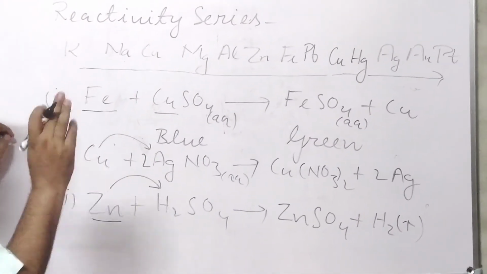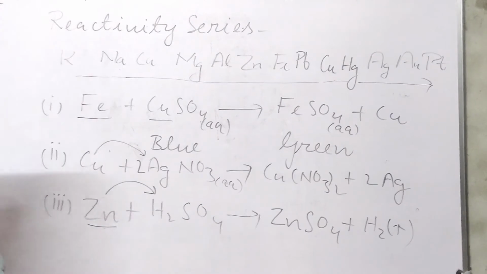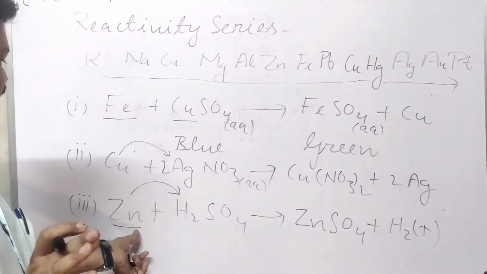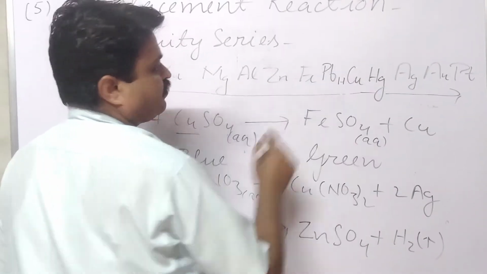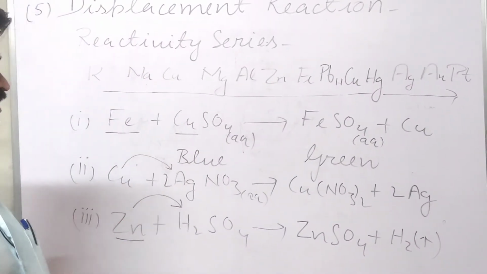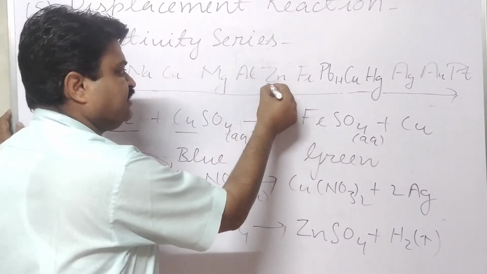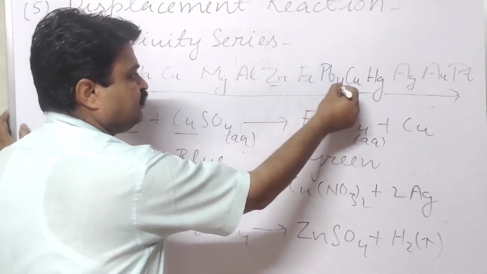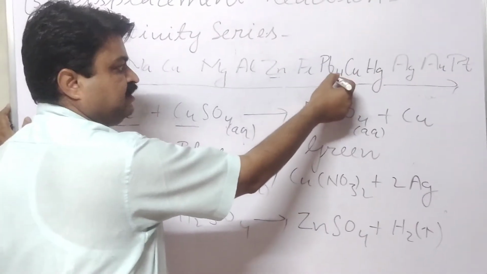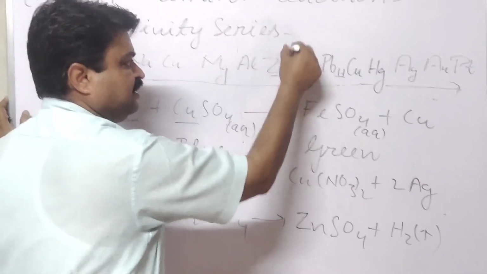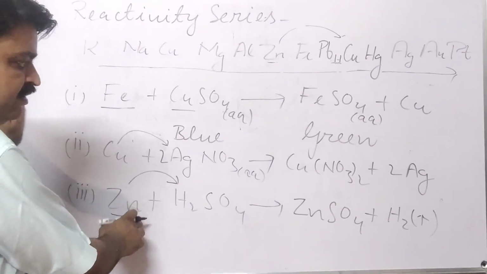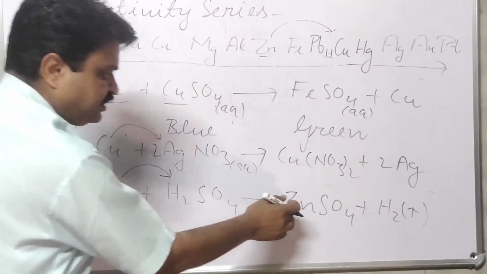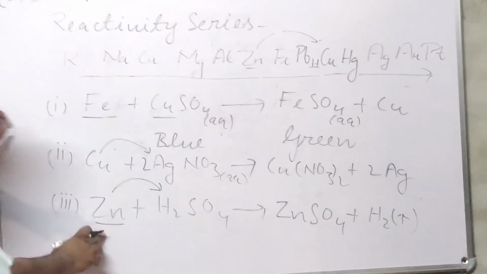Because if we observe the reactivity series, hydrogen's reactivity comes after lead. That's why we can say that zinc is more reactive than hydrogen, so zinc will displace the hydrogen here, and it forms zinc sulfate.